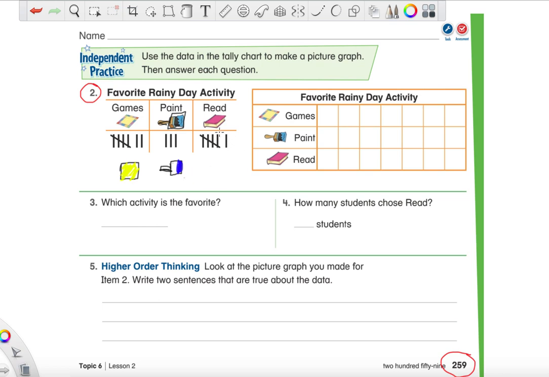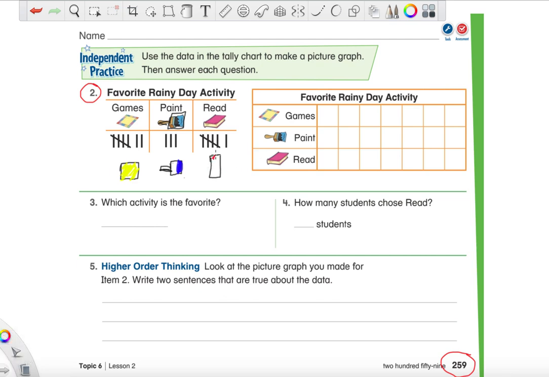Now let's figure out what we do for reading. They have a picture of a book, and trying to make a book like that might be a little tough. So what we'll do is think about what shape this is. It's a rectangle. So you make a little rectangle. And then what color is it? It's red.